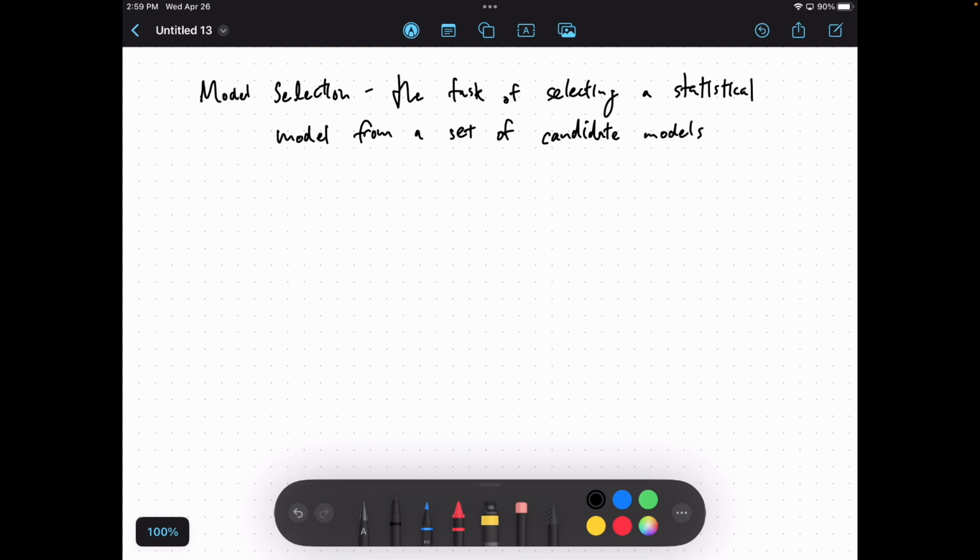Same thing that I was talking about right at the beginning. Suppose we have all of these variables. Which model is best?